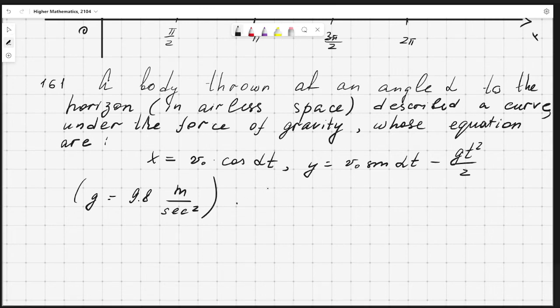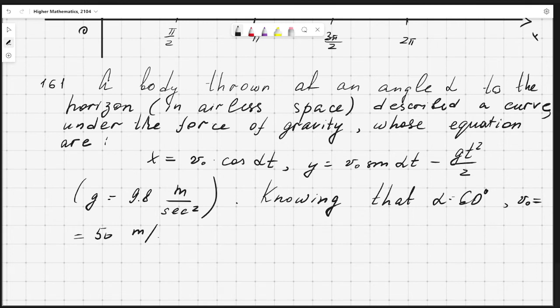Knowing that alpha is 60 degrees, v0 is 50 meters per second.